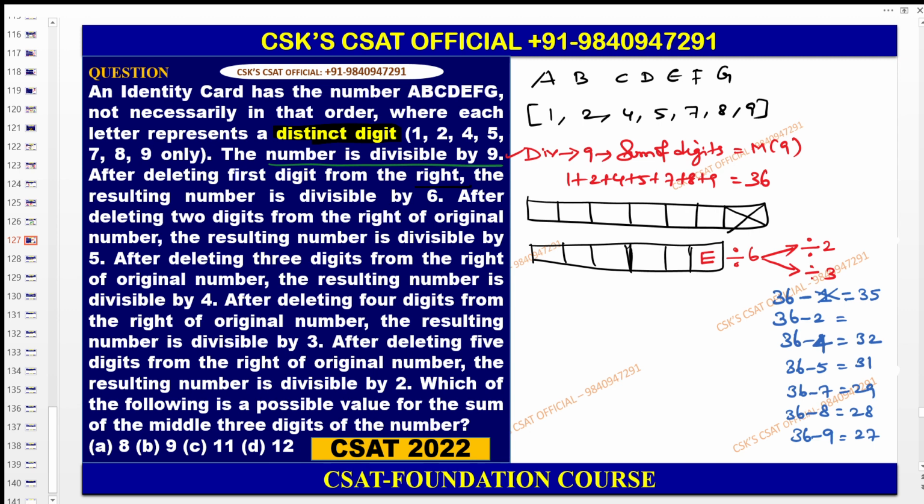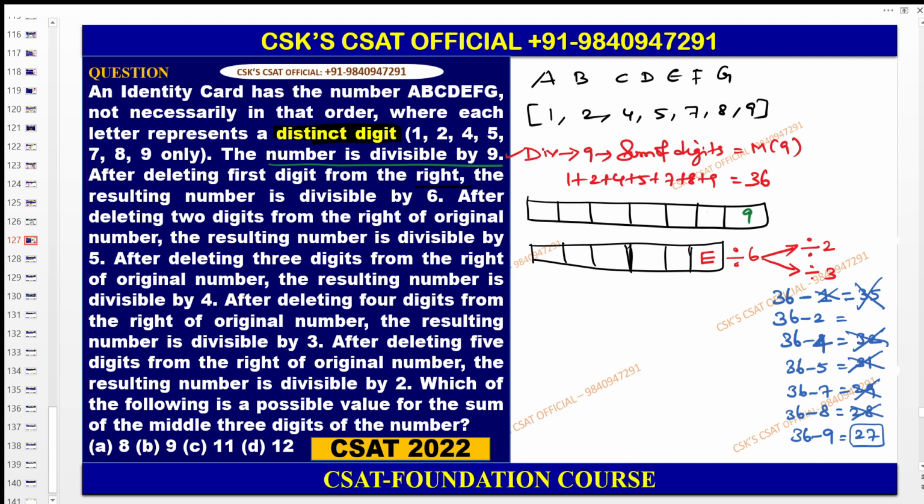So this is not a multiple of 3, this is not, this is not, this is also not a multiple of 3. Therefore 27 is the multiple of 3. So after leaving 9, it also satisfies the divisibility by 3 concept. Therefore the unit place here, whatever is left out, is nothing but 9.